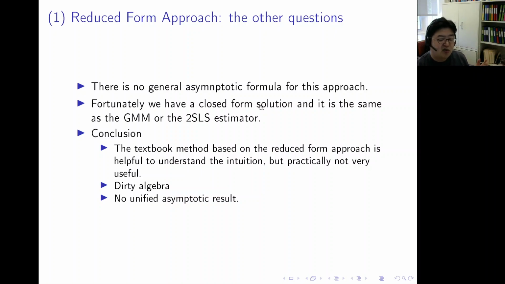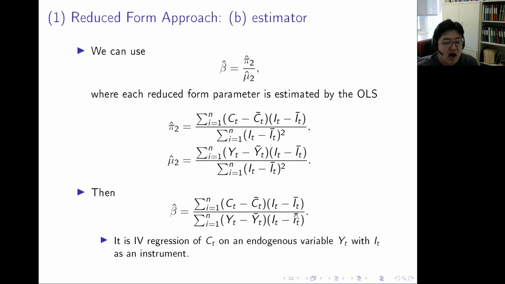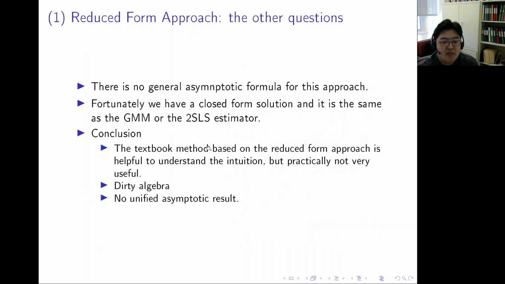It is not linear, but in this case, we are fortunate to have a closed form solution, and that was the GMM or two-stage least squares estimator. So we can use our knowledge about this estimator. The IV regression estimator can help us derive the asymptotics, right? You can use the existing knowledge.